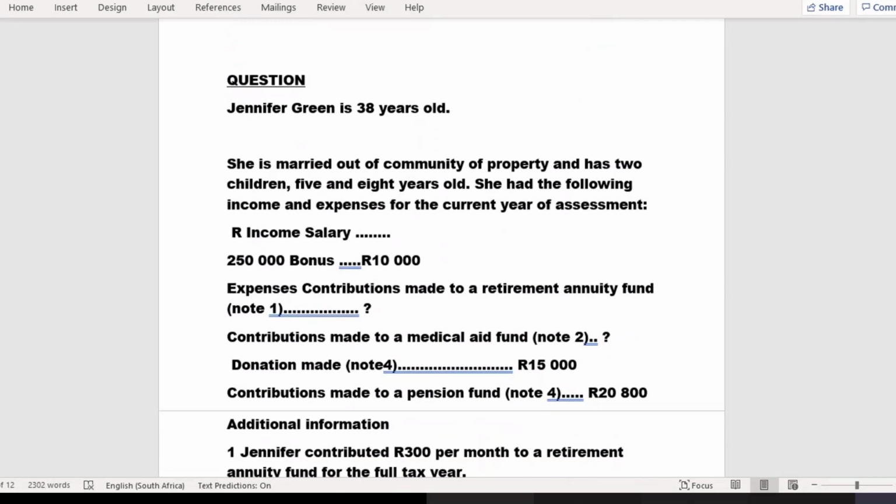It's not bad. All right, let's have the second question together. We've got Geneva Green, who is 38 years old, married out of community of property, and has 2 children, 5 and 8 years old. She had the following incomes and expenses for the current year of assessment.